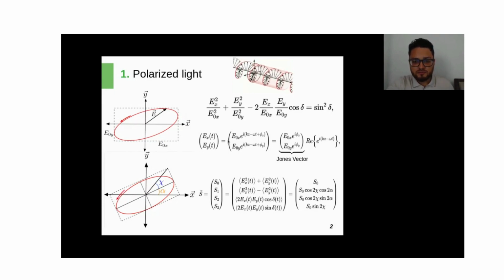About the mathematics to describe polarized light, we could use several algebras. First of all, the Jones vector, the R2 vectors. However, we can describe these ellipses in equivalence with angles of azimuth and ellipticity, and we are going to use this representation with Stokes vectors.